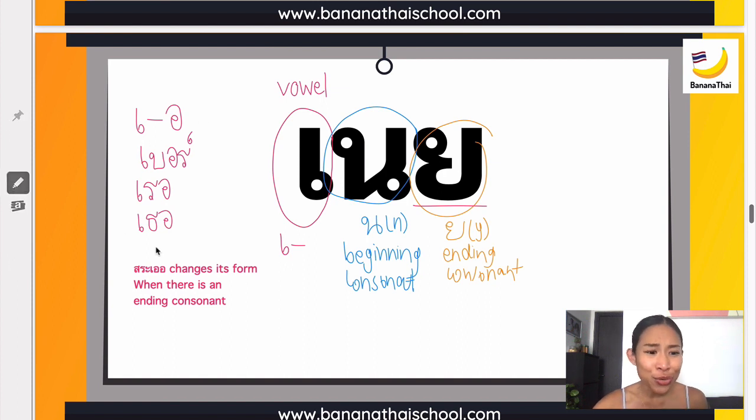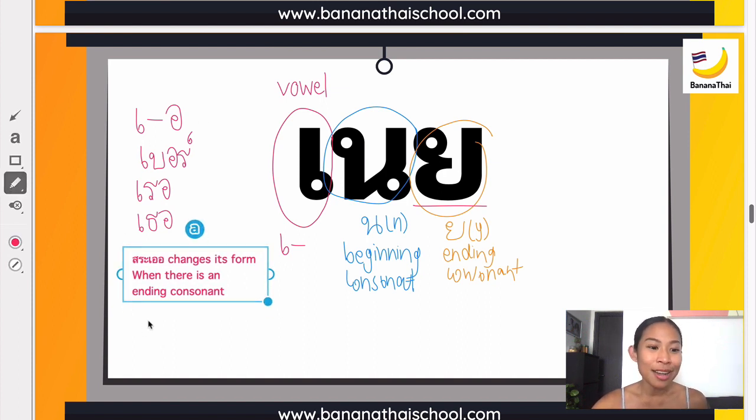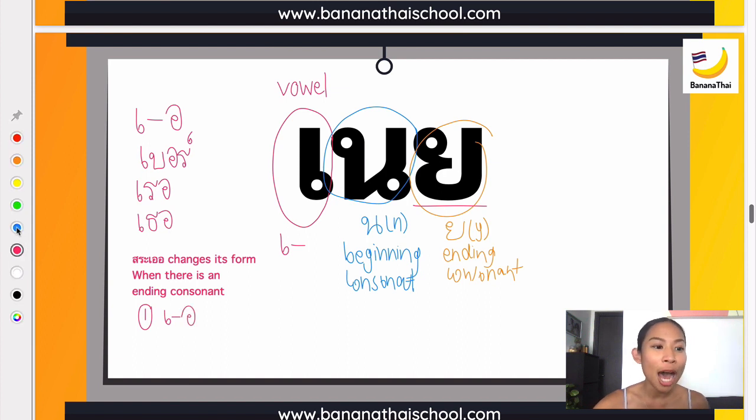There are two ways. First way, normally, if there is an ending consonant with sara ə, the o-ang moves up to become sara i on top of the beginning consonant.